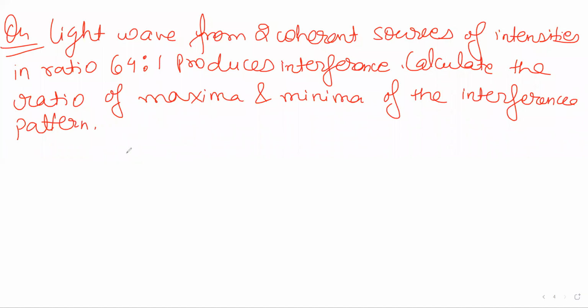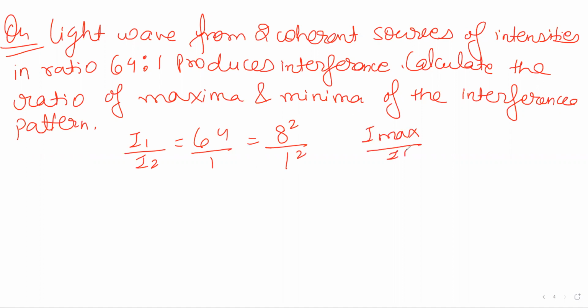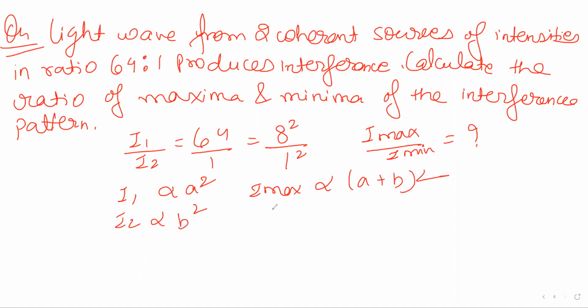See, the intensity has been given as what? I1 divided by I2 is equal to 64/1. So this becomes 8 square by 1 square. Okay, so I have to find I max to I minimum. We know that intensity is directly proportional to amplitude square. So I max is directly proportional to (A plus B) whole square, and I2 is directly proportional to B square.